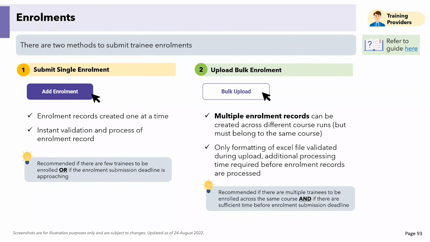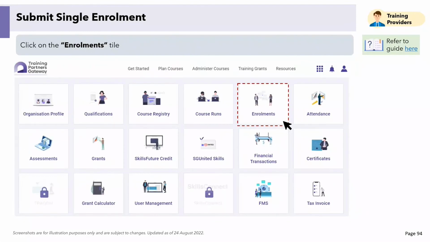So this method is recommended in the case that there are multiple trainees to be enrolled. But again, the user has to factor in that there's sufficient time before the submission deadline because there's time required to process the Excel. And if there are formatting errors, then the errors will have to be rectified, and that takes some time. Okay, so in the next few slides, I will run through more details for these two options. Starting off with the single enrollment, you can come here by first clicking into the enrollments tile.